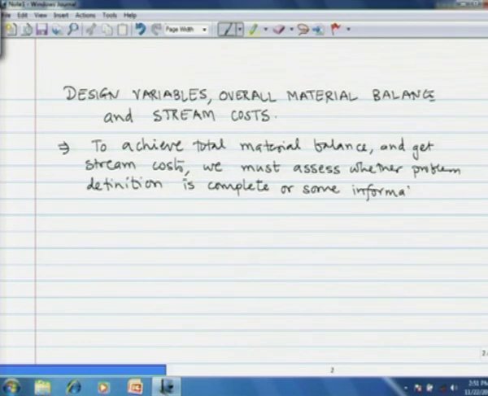This information could be in terms of design variables that we will now just see, and these variables add the degrees of freedom to the process design.